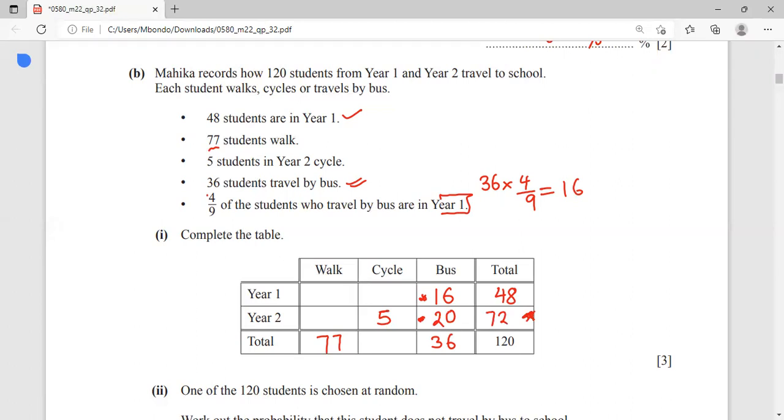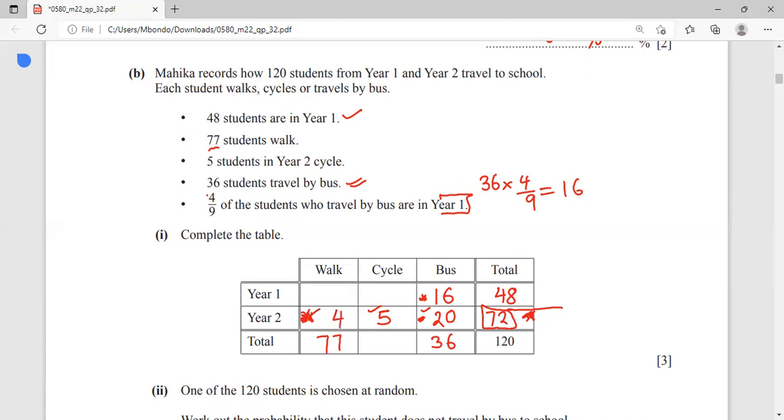Now, if I come to this point, look at this. The total is 72. When we add this part, 5 and 20, we should get 72. So to find what is missing here, we need to subtract 25 from 72. So we say 72 minus 25. What do we get?